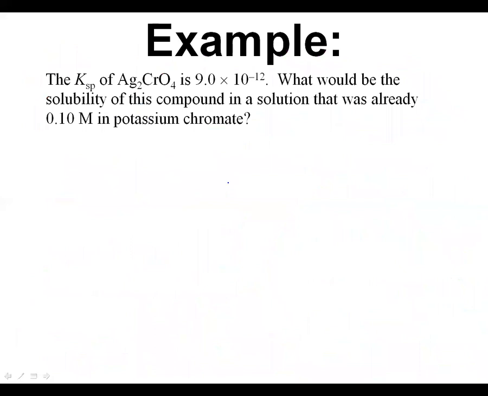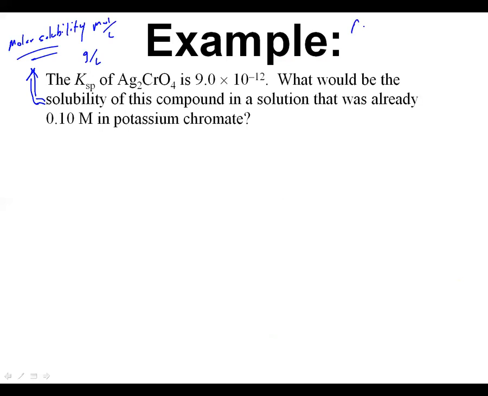So why don't you try this one here and see what you come up with. What would be the solubility of silver chromate in a solution that is 0.1 molar? If you want, you could do the molar solubility here. Actually, let's do both just to see. Do the molar solubility and do the solubility in grams per liter. I'll give you some numbers here that will be helpful.